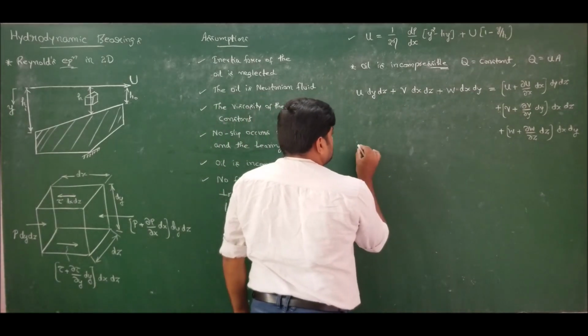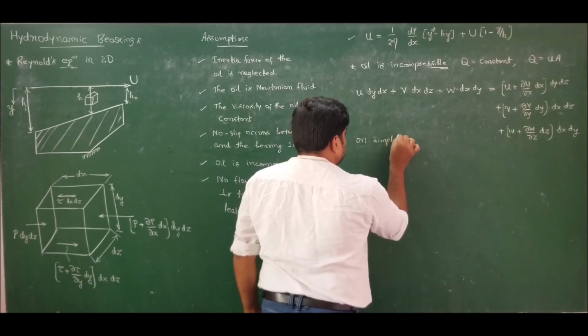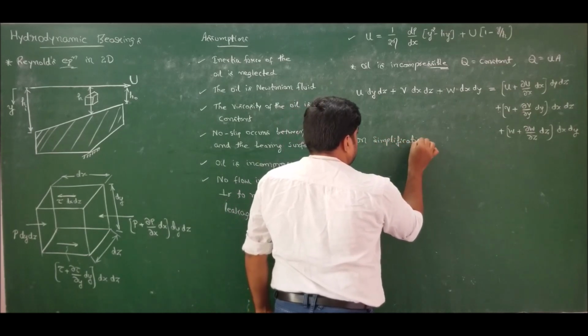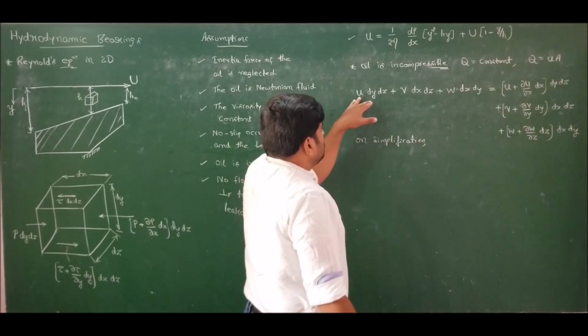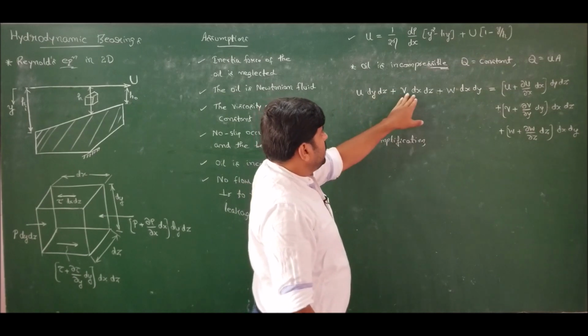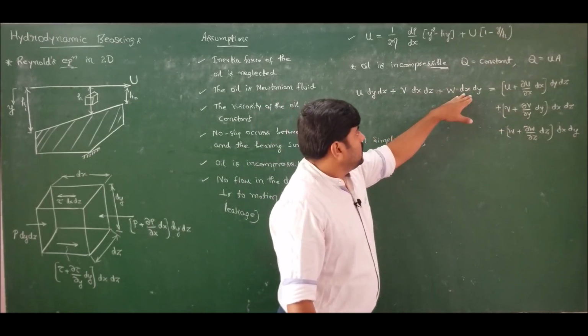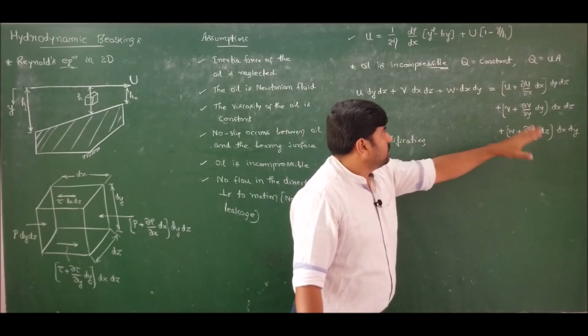I will end up with, on simplification, this minus u dy dz cancels off, v dx dz minus v dx dz cancels off, w dx dy minus w dx dy cancels off.